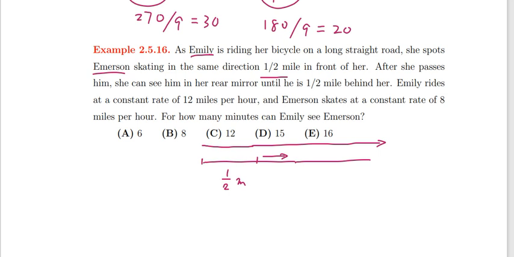So after she passes him, she can see him in her rear mirror until he is half a mile behind her. So if Emily is here and the skater is half a mile behind, then Emily can still see him. If the two are too far away, Emily cannot see.